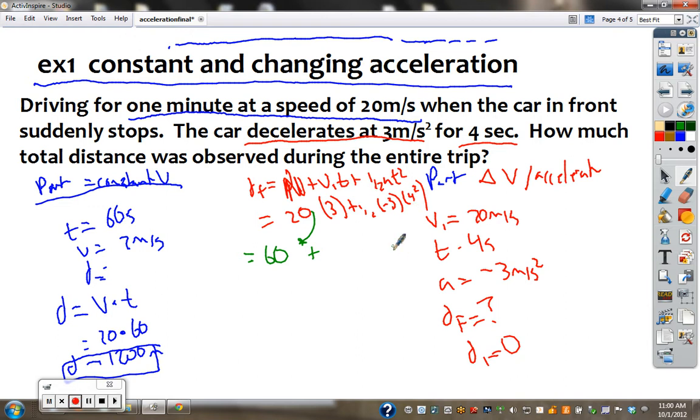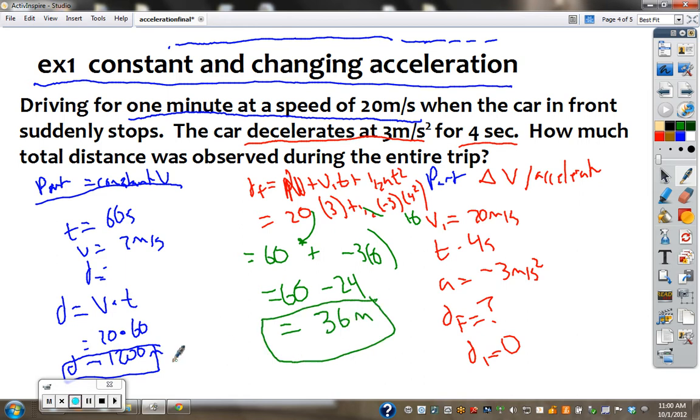Well, let's do 4 squared. 16 cut in half. -3 times 8 equals 60 minus 24 equals 36 meters. 36 meters plus 1,200 meters, our total distance for when we're moving at constant velocity and when we are accelerating, is 1,236 meters. That's example number 1.